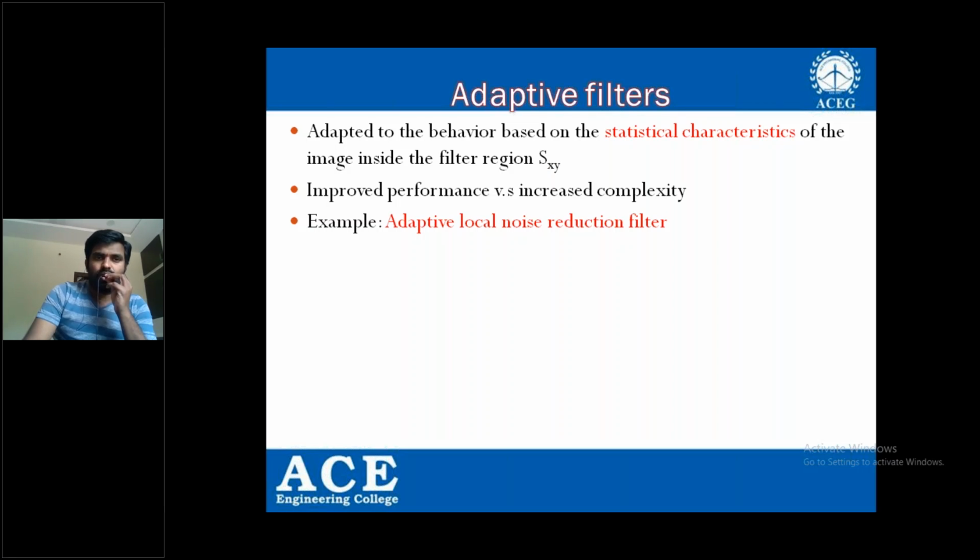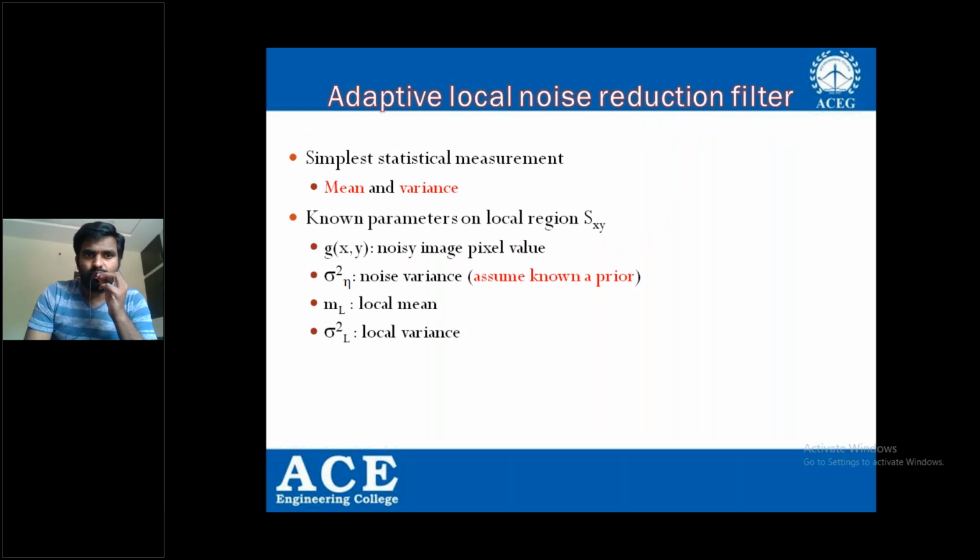One example of an adaptive filter is the adaptive local noise reduction filter. I'm concentrating on it so you know the terminology of this filter. The only thing we need to know is the mean and variance of the region we have selected, as we are considering statistical characteristics.